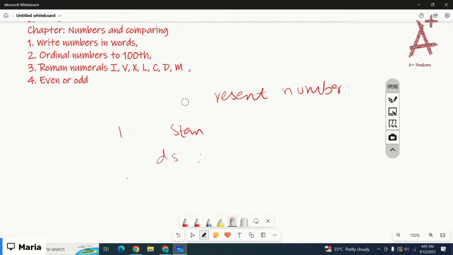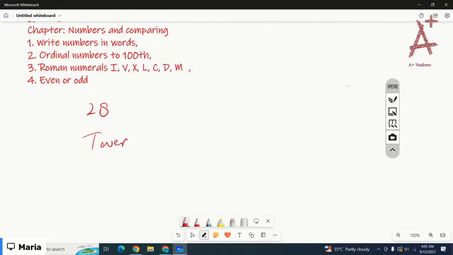How do you write 28? It would be 20 and 8.